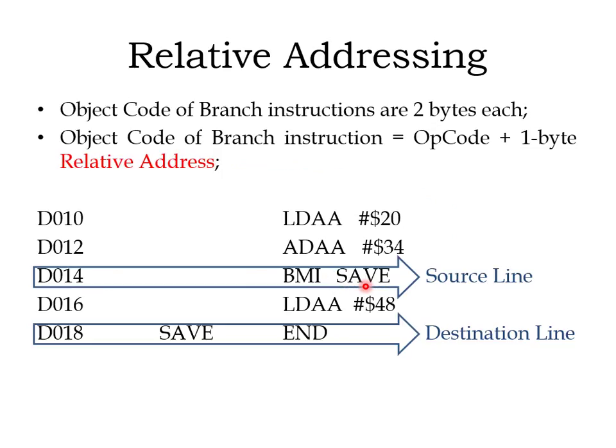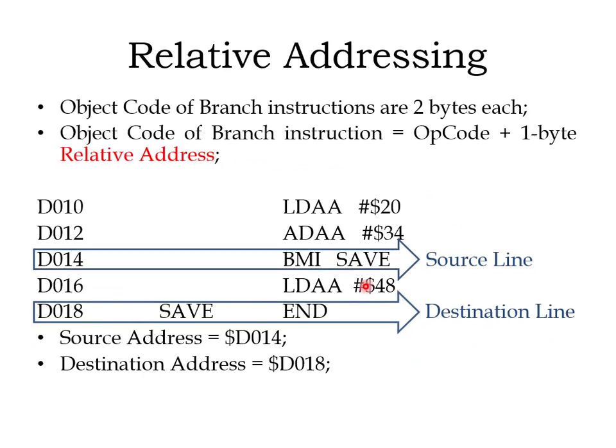Now, how can I really calculate it? To calculate this, I need 2 specific things. Number 1, I need the address of the line where the branch instruction is located. I marked it. This is the line where the branch instruction, BMI, is located.